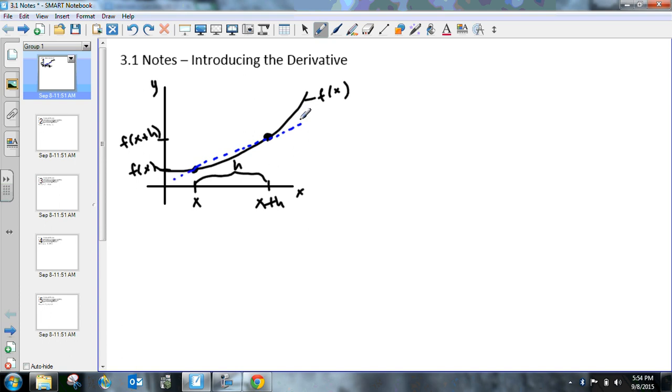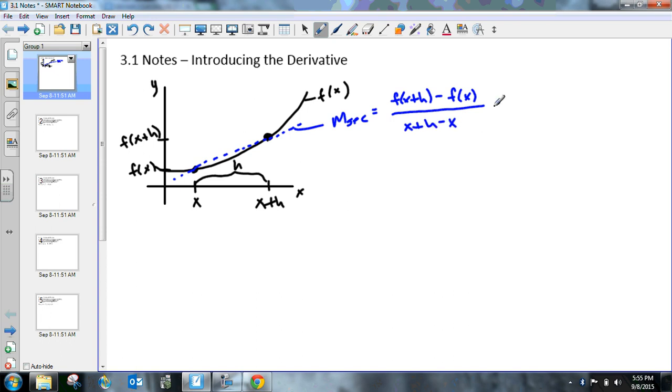So if I wanted to find, say, the slope of this line between these two points, and I'm going to call this the slope of the secant line, then what I would do is find the difference of my y values, which is f of x plus h minus f of x, all over x plus h minus x.